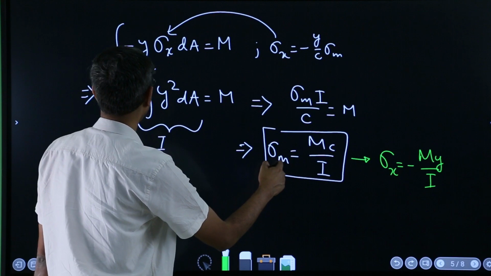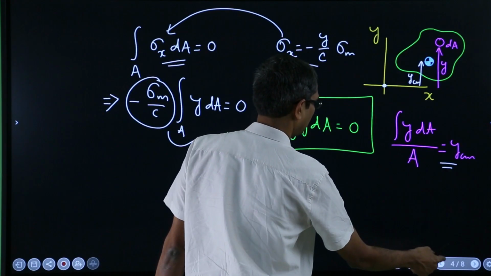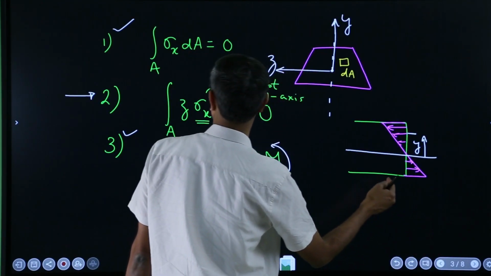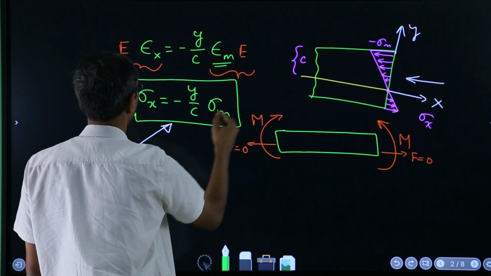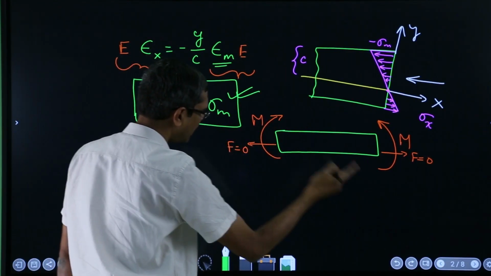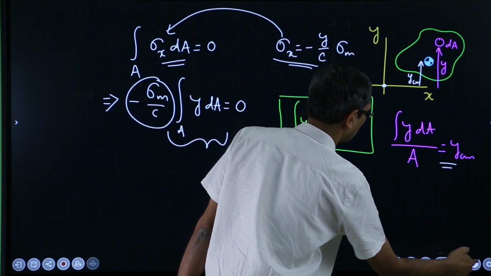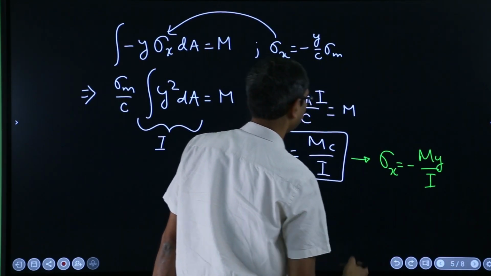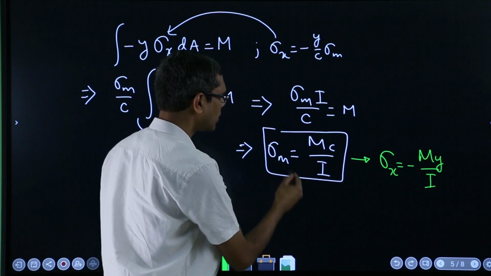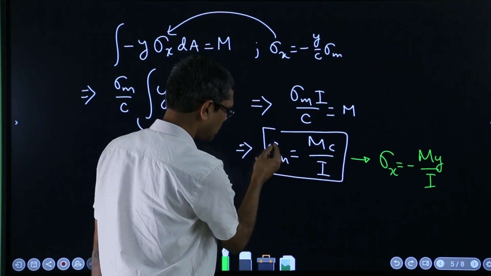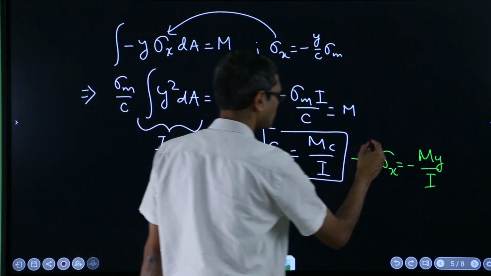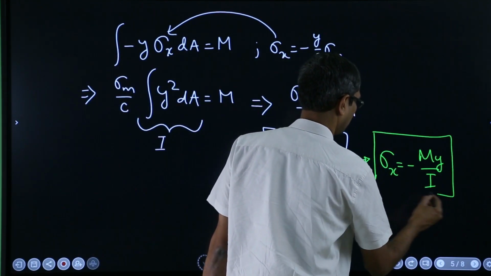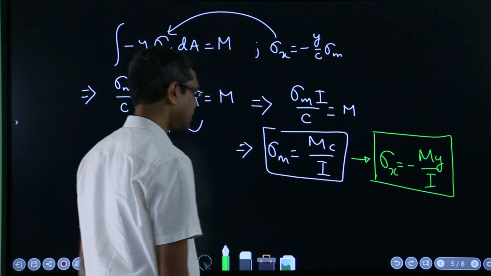Using this equation and the value of sigma m that we have got, if you just eliminate sigma m from those two equations, you get this. Okay, so that's fine.